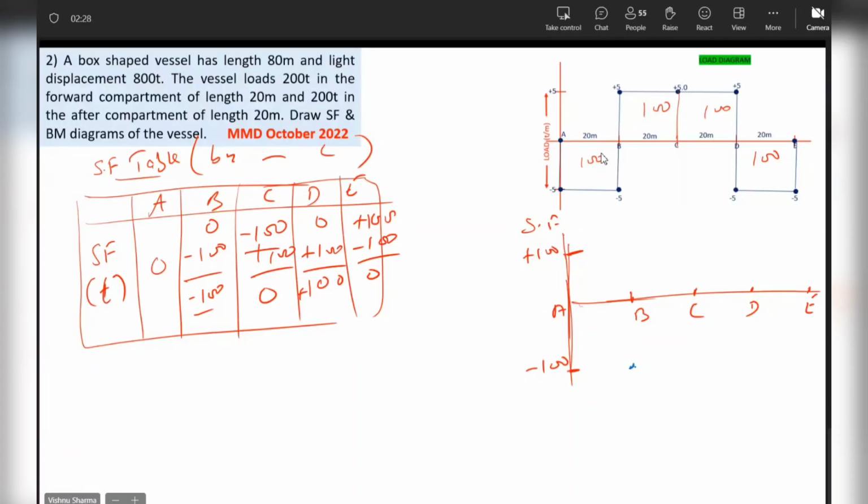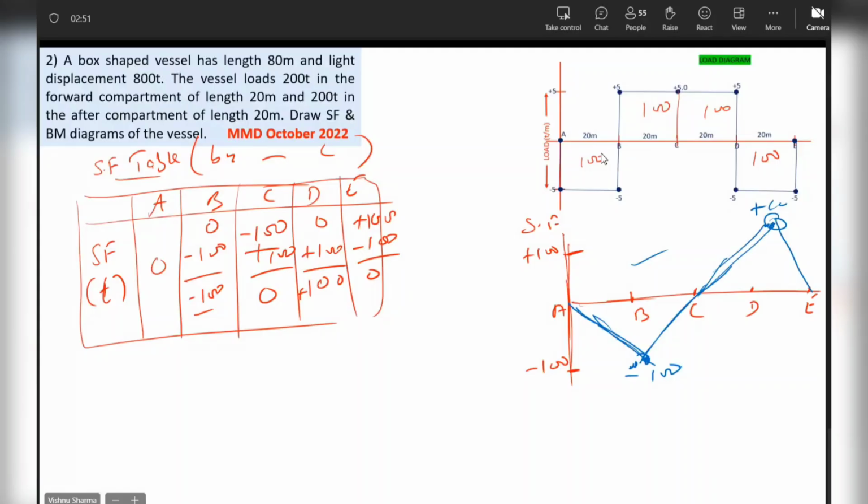At B, it is minus 100. So from A, it will go slanting to minus 100. Then through 0, it will go to plus 100 like this. So if C was not taken, still it will go like this and 0. Guys, is the SF diagram happy? Everybody's happy? It comprises of straight lines, right?